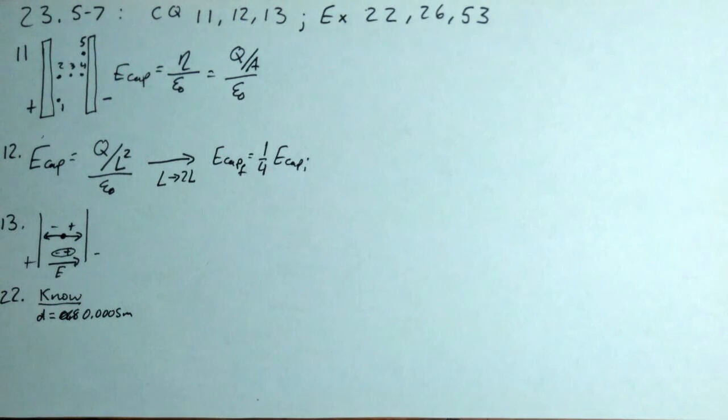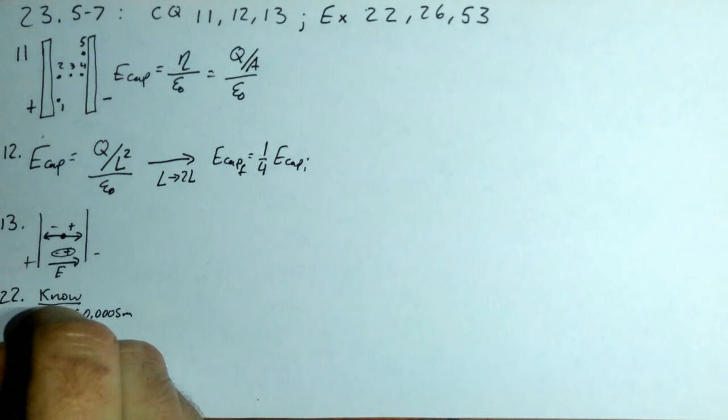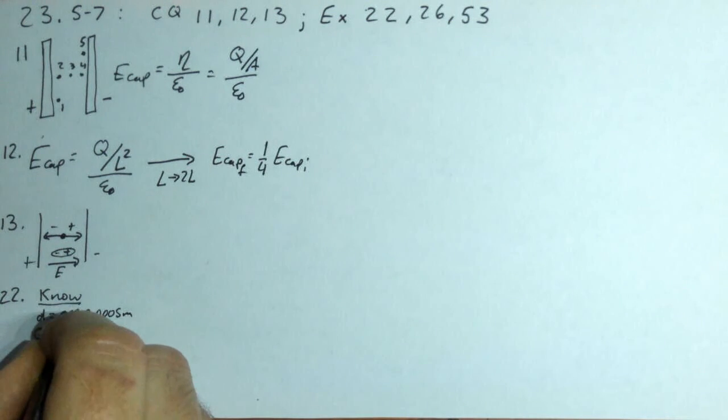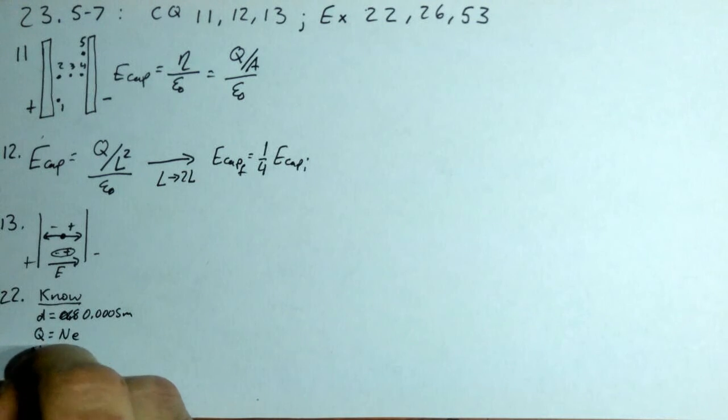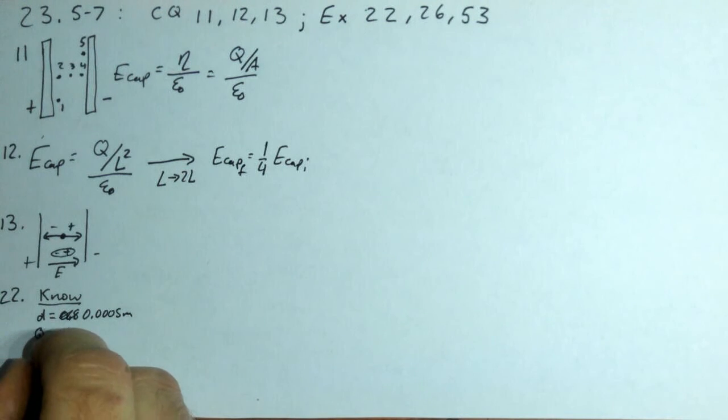Okay, and we don't quite know Q, except that it is N times e. Now this little e is the charge of an electron, which you can find in the front cover of your book, and N is the number they give us. Okay, that's the 3 × 10⁹.